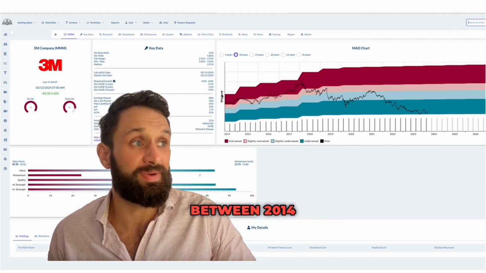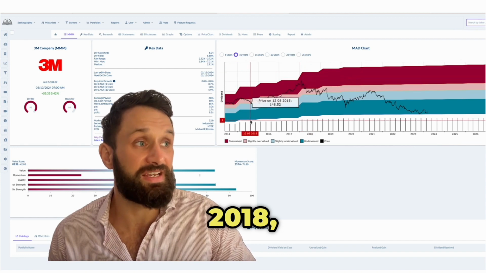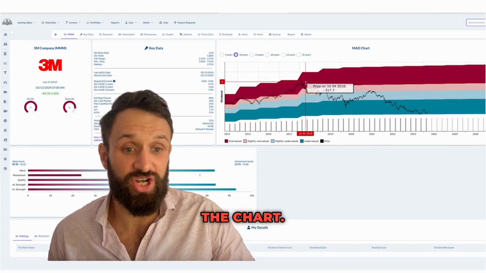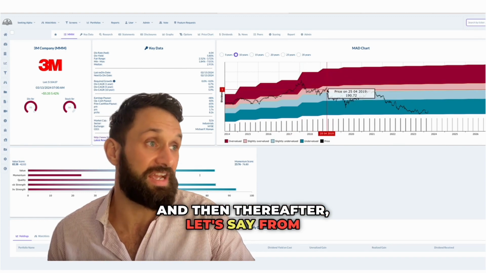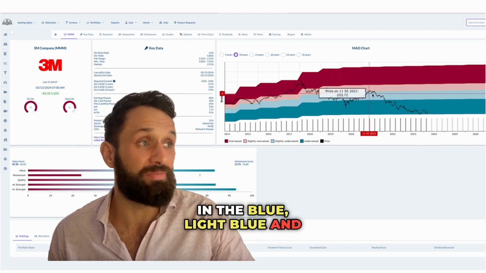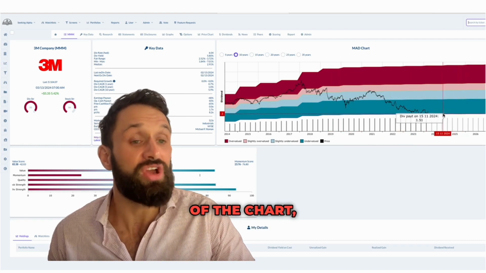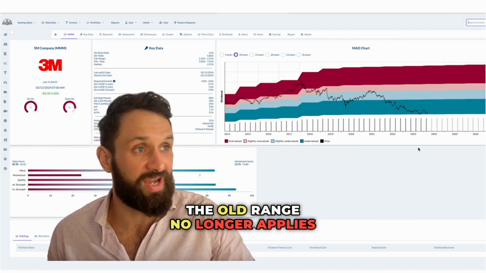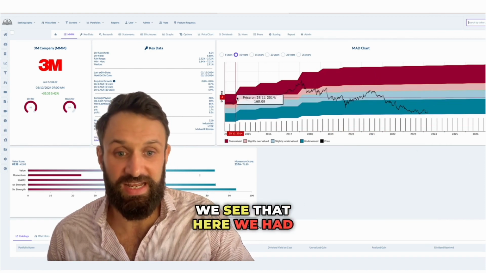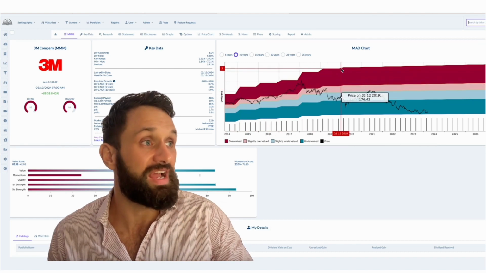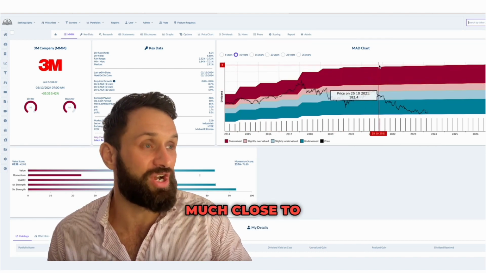As you can see, between 2014 and 2018, the stock exists in the pink and red ranges on the chart, and then thereafter, let's say from 2019 to now, it's living in the blue, light blue, and deep blue areas of the chart, which might be a case to say that the old range no longer applies to 3M, especially when we see that here we had some dividend growth, and since it's been pretty much close to zero.